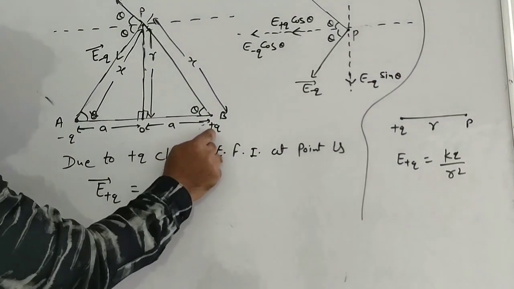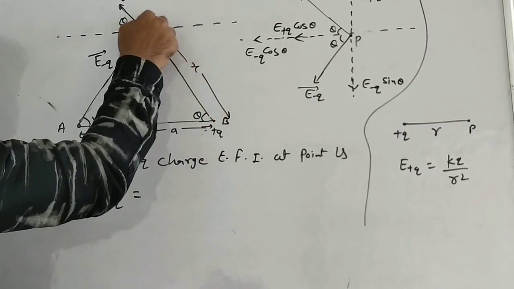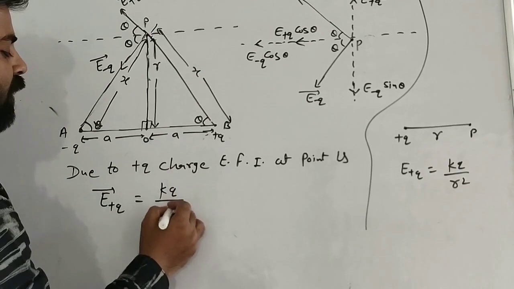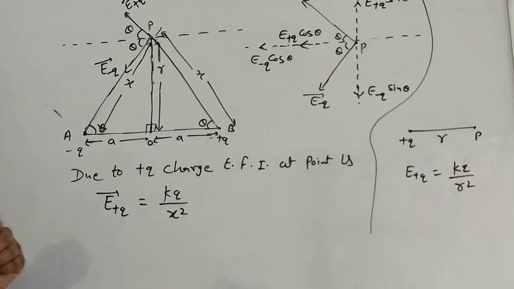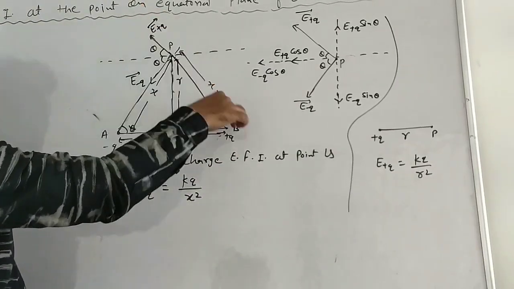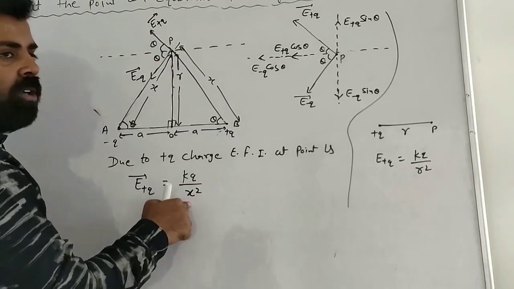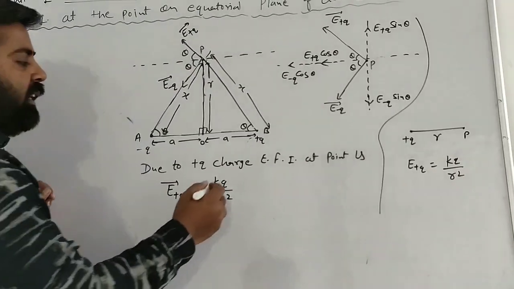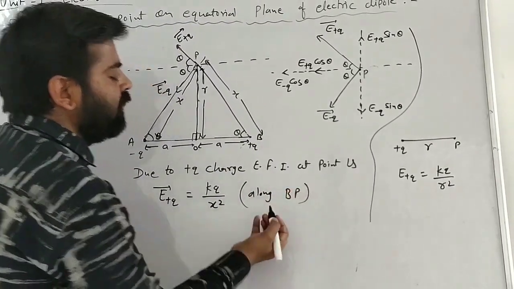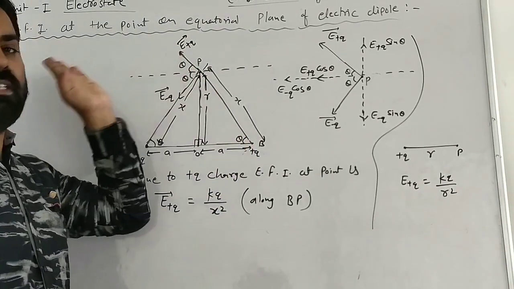This is our point charge plus q, and due to plus q charge at x distance at point P, the electric field intensity is given by kq upon x square, and its direction is along BP, or towards outside. So this is the magnitude of electric field intensity due to plus q charge, and its direction is along BP, or we also drew that this direction is towards outside.